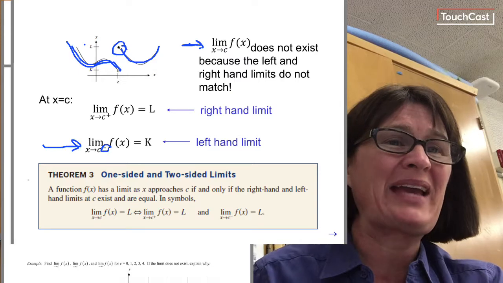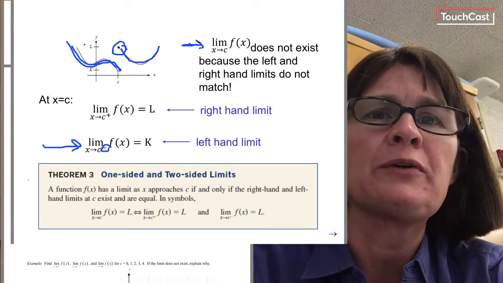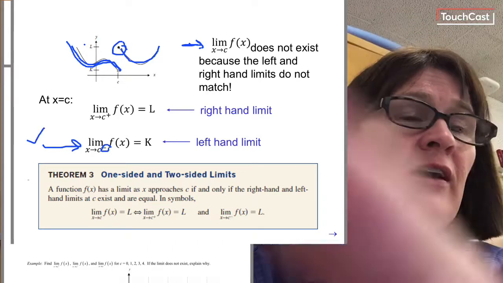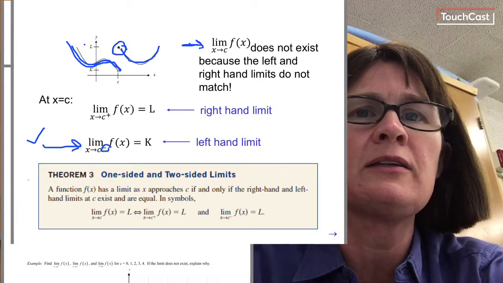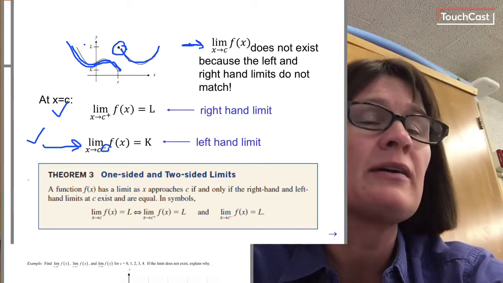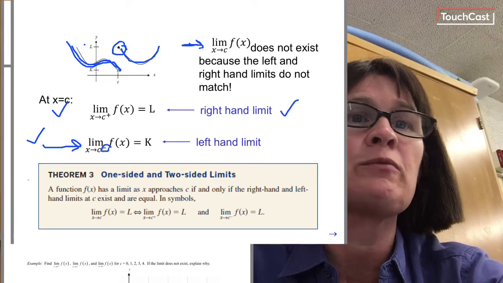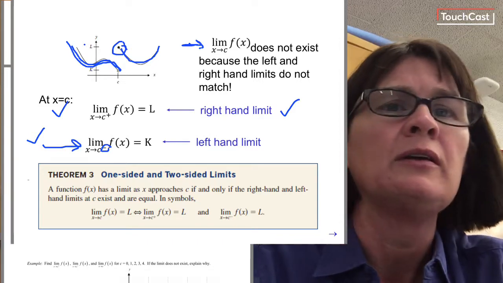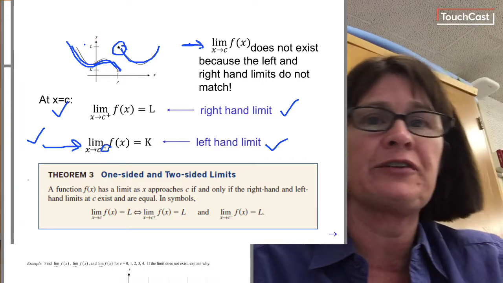That's to say that you were coming at C from numbers that were less than C. So I would read this: the limit as x approaches C from the left of f of x equals K. And this one I would read: the limit as x approaches C from the right of f of x equals L. And I refer to this as the right-hand limit, the limit of the function as you approach from the right-hand direction. I call this the left-hand limit, the limit as you approach from the left.